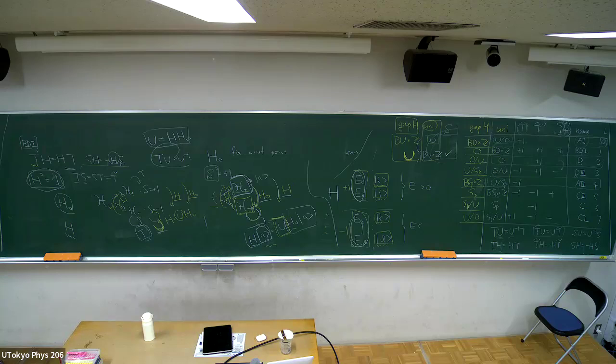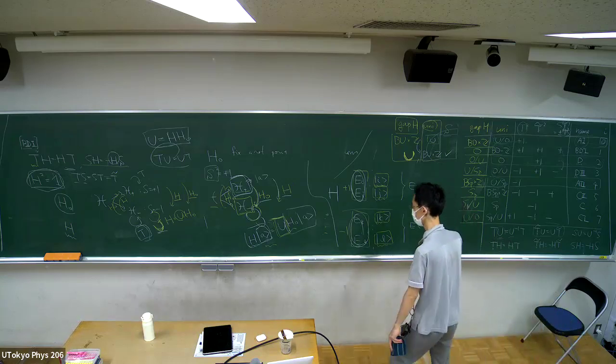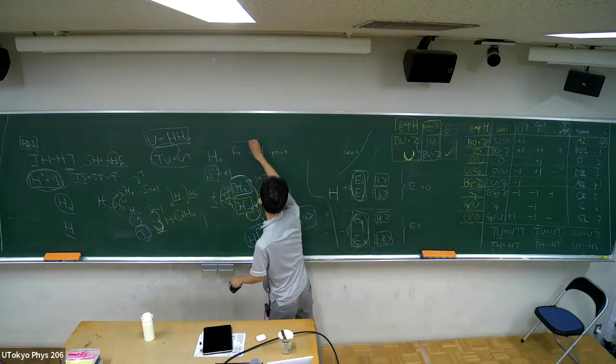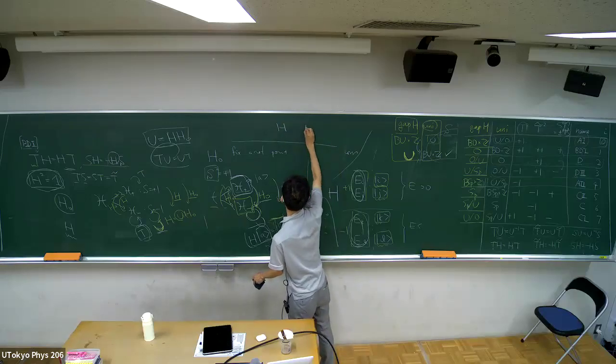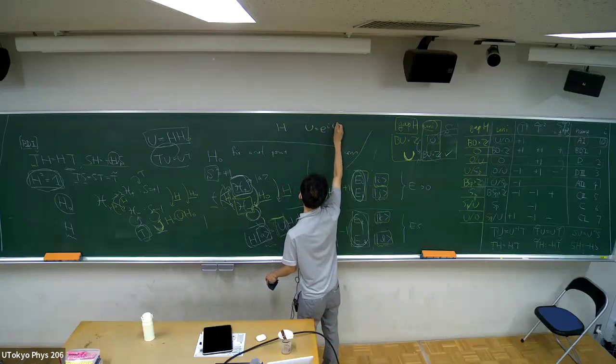In the discussion of the gapped Hamiltonian, I'm just using H, which is gapped, right? So I'm using two U's actually, so that might be a bit confusing. So far, I've always used H and U related in this way.